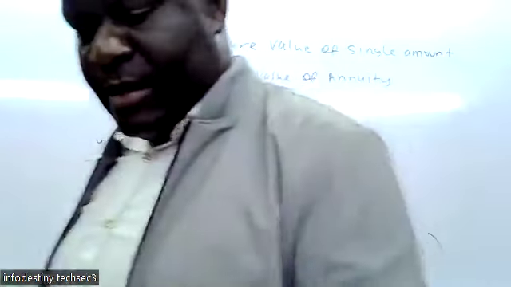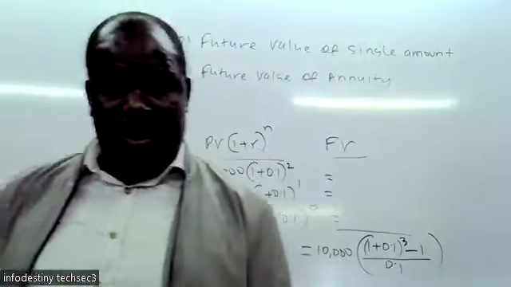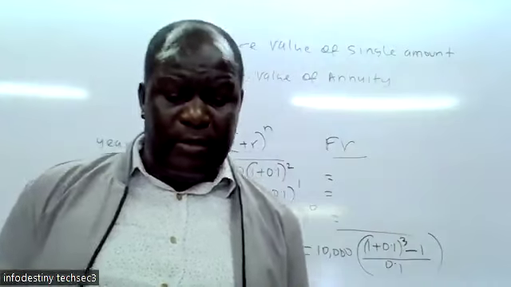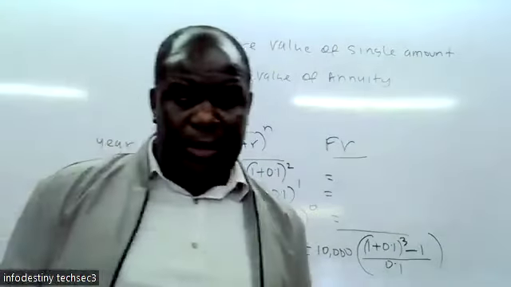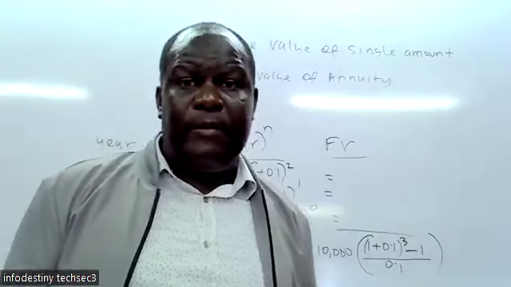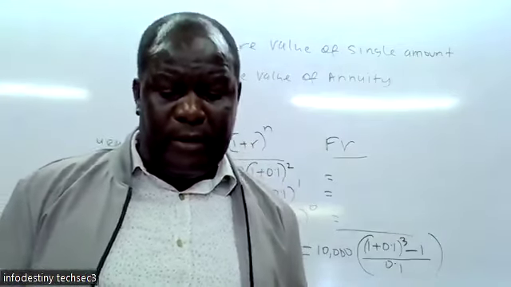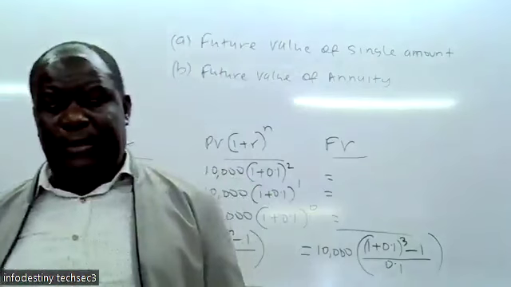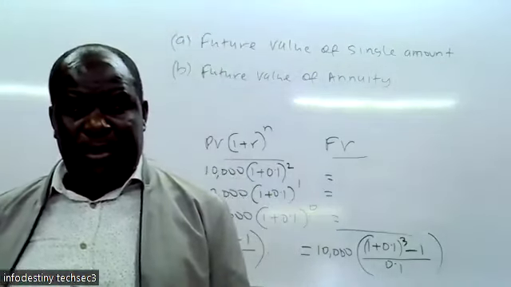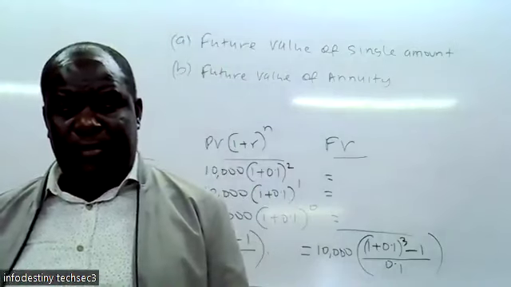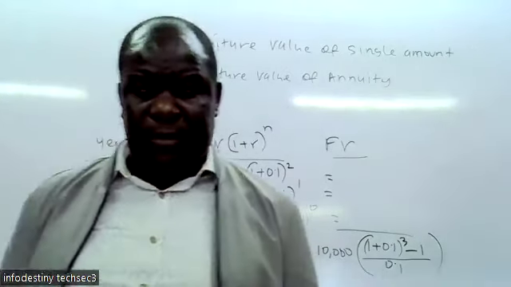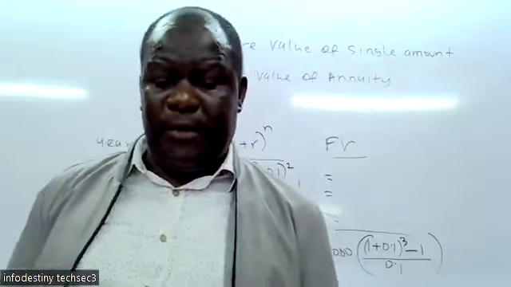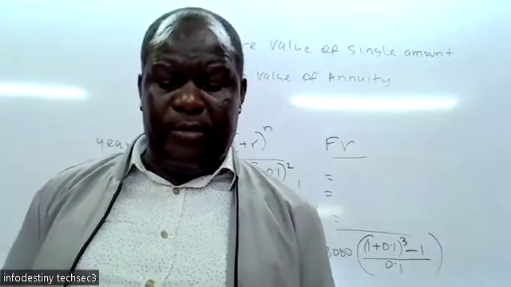So we can now add there another paragraph by noting that assume that the investor in the example above was to receive the 10,000 shillings at the beginning of each year.